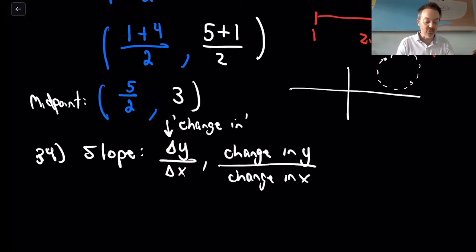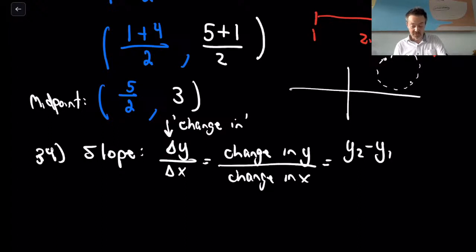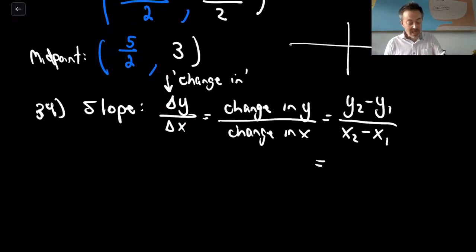So if you see that little symbol, it means something's changing. And I shouldn't write a little comma, I'm going to put an equal sign. That's the same thing. Well, to get the change in y, we take the difference in the y-coordinates. And to get the change in x, we take the difference in the x-coordinates. And likewise, if we have this from a graph, you may see this described as rise over run.